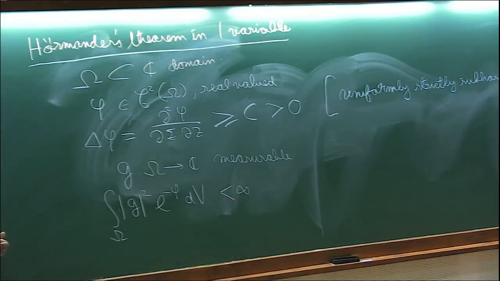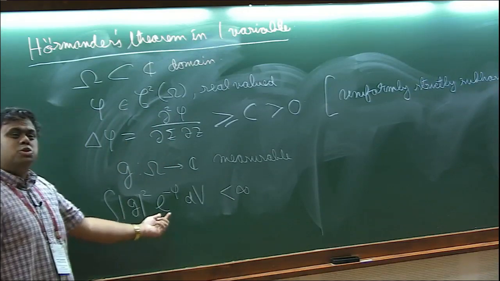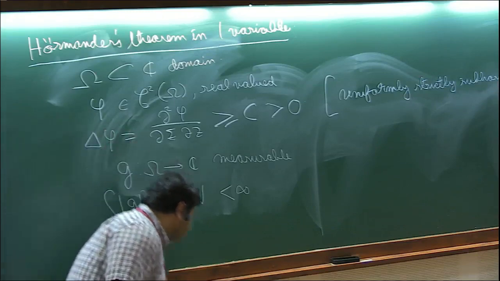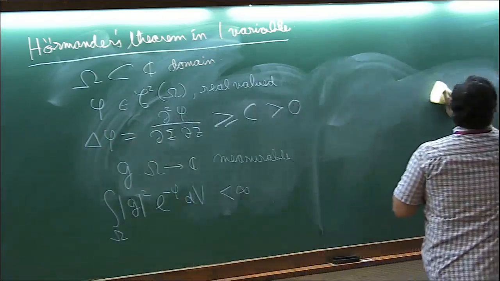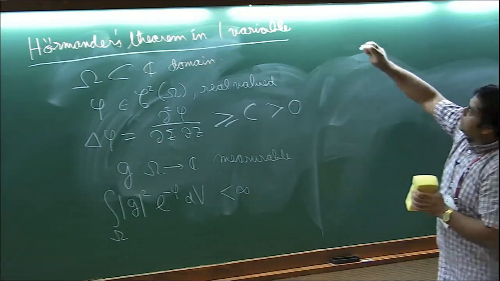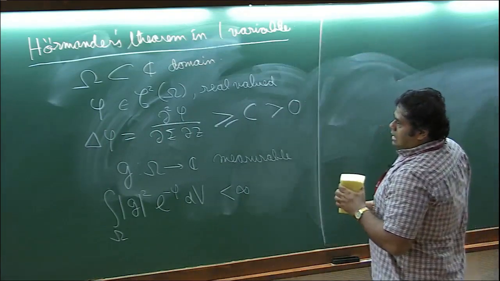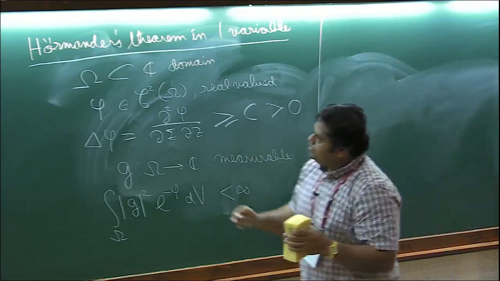Okay? So it is in L2, in a weighted L2 space. Okay? All right? And then I will remove this. This name is of absolutely no consequence. I think I have all the hypotheses.